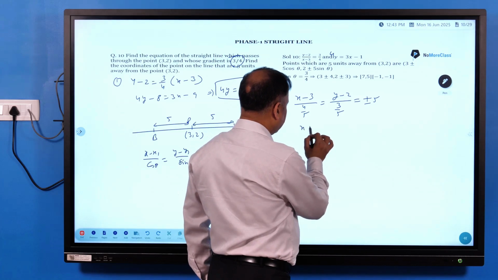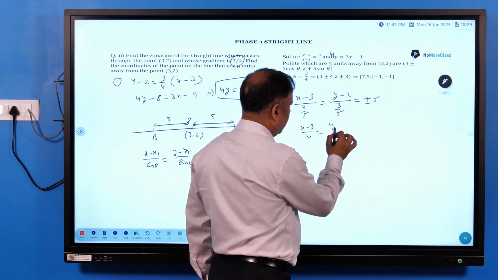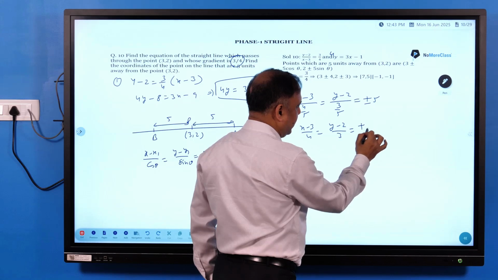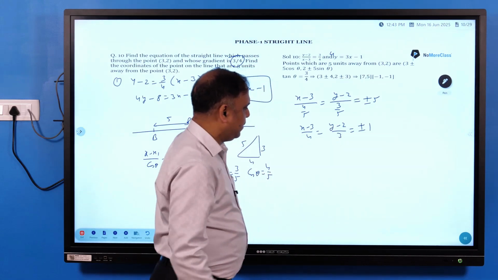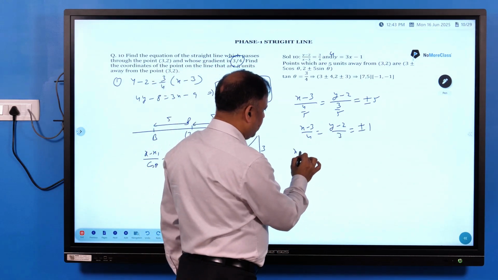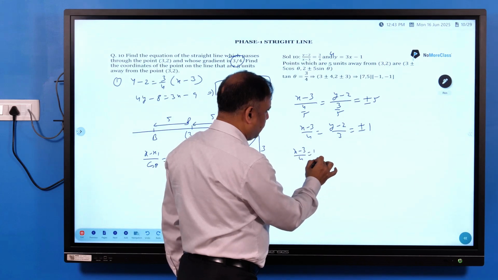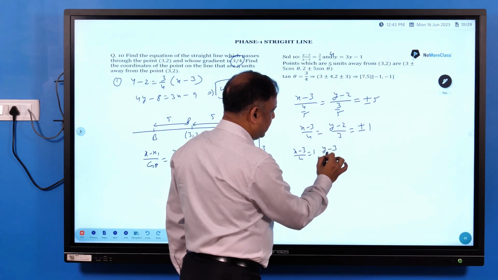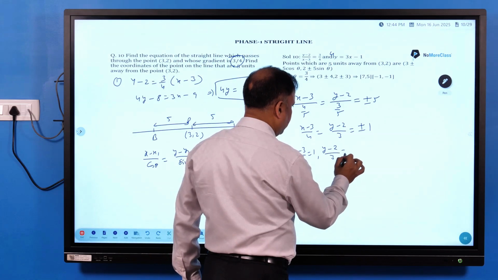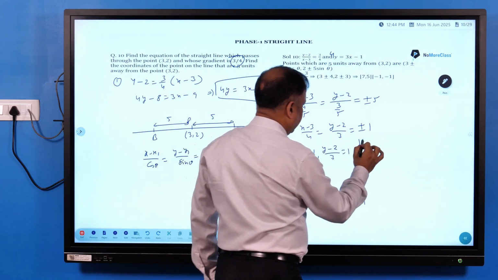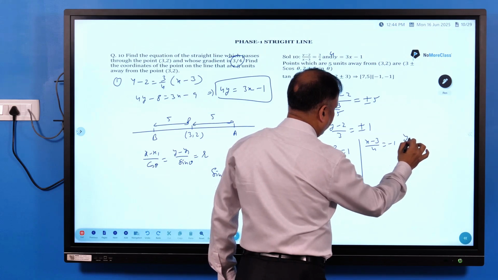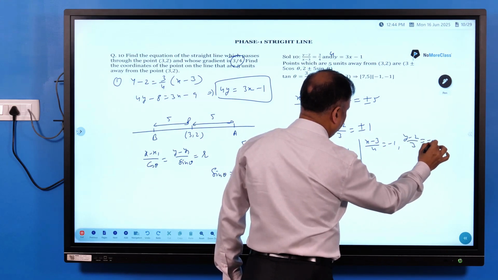So I can write x minus 3 upon 4 is equal to y minus 2 upon 3 is equal to 5 upon 5, plus minus 1. So one time I will take the plus sign, one time the minus sign, and get the two coordinates. So x minus 3 upon 4 is equal to 1, and y minus 2 upon 3 is equal to 1. Next time take minus, and y minus 2 upon 3 is equal to minus 1.